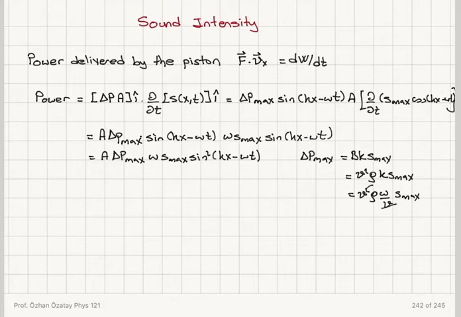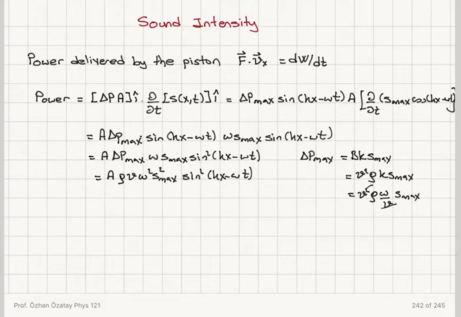So I have rho v omega S max for delta P max. So this will be equal to A rho v omega squared S max squared sine squared(kx minus omega t).